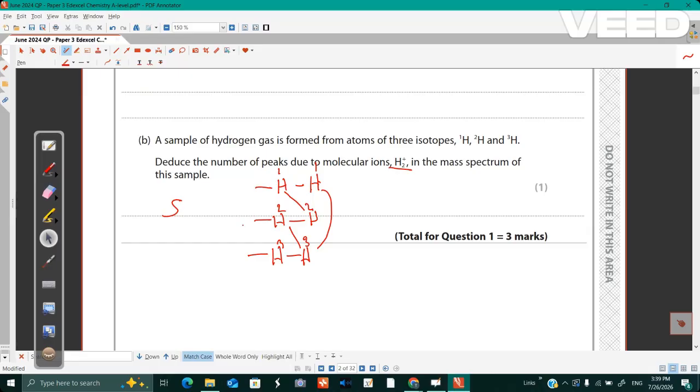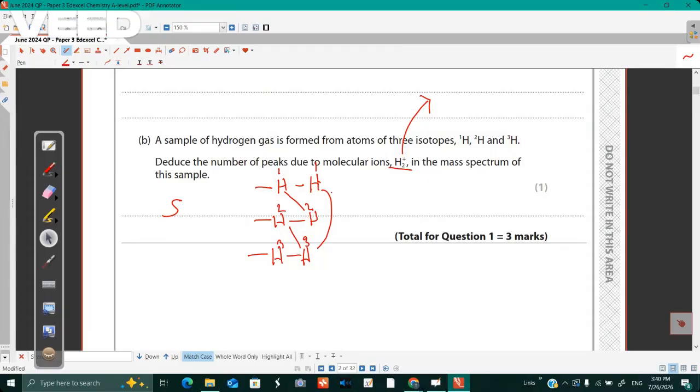Yeah, how many are there then? How did you get 5? You say 2 plus ions. Okay, now they ask about the type of combination. So what is your answer?